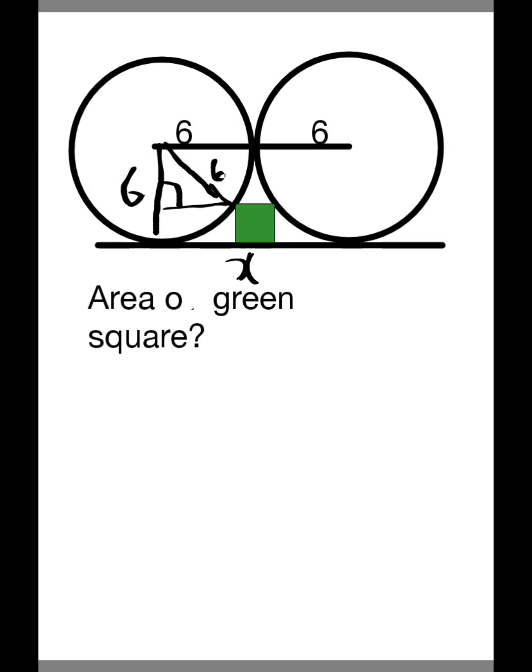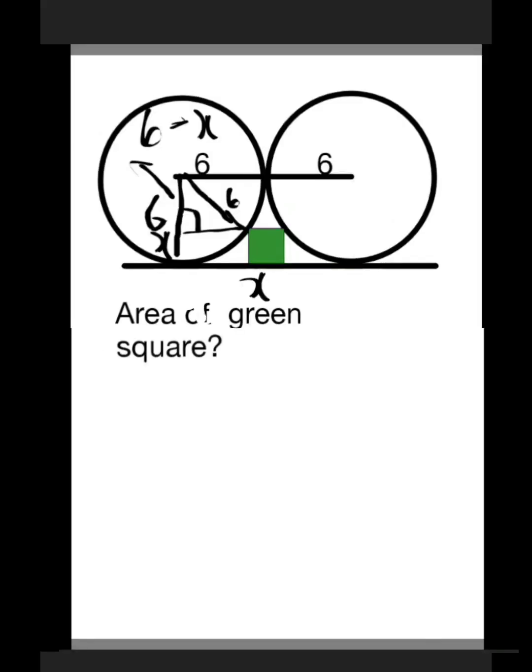So we can say it is a right angle triangle, and if these lines are parallel, then this measurement will be the same as x. Now we can say the perpendicular line of the triangle is equal to 6 minus x, and the horizontal side, supposing, is y.